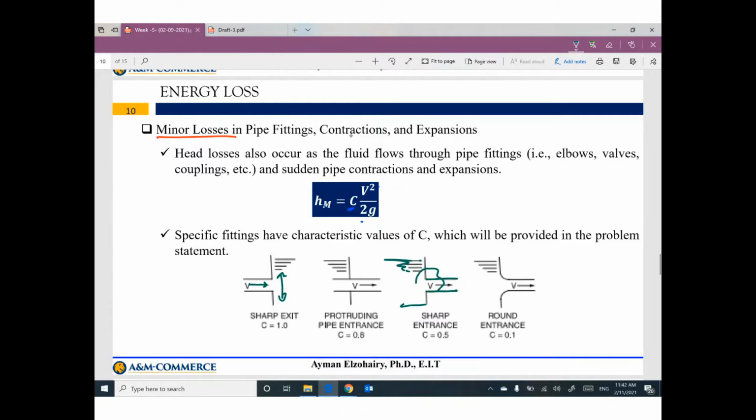So at this entrance, we have losses, and these losses are called minor losses. Based on the shape of this entrance, do you have a sharp exit or sharp entrance or rounded entrance or something like this? Based on this situation, I can figure out the value of this constant.